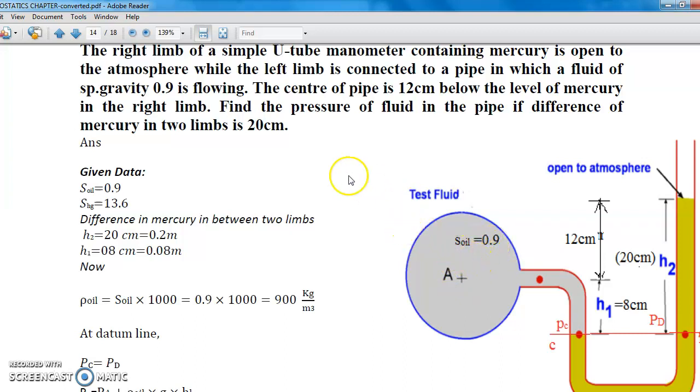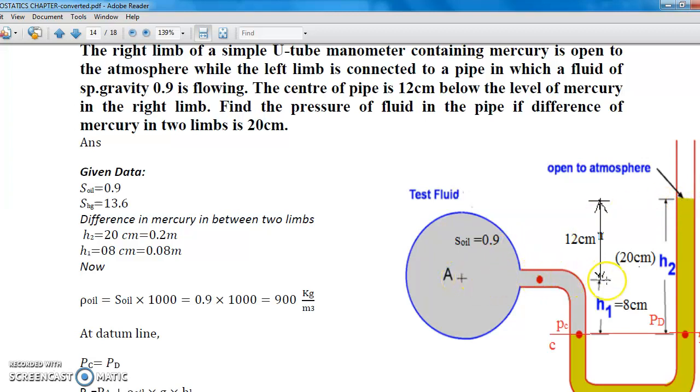Okay, now second, the center of the pipe is 12 centimeter below the level of the mercury in the right limb. Here you see this is the level of the mercury in the right limb, and this is the center of the pipe.